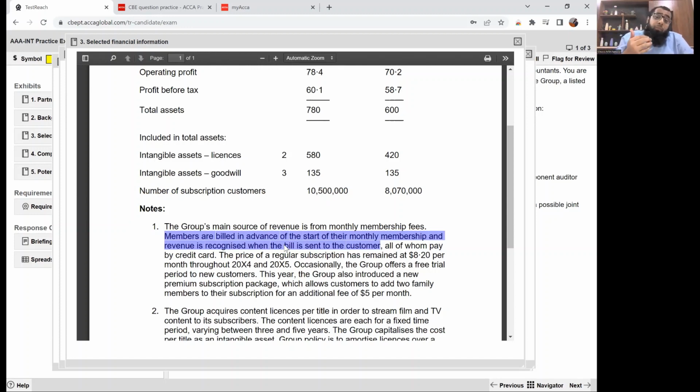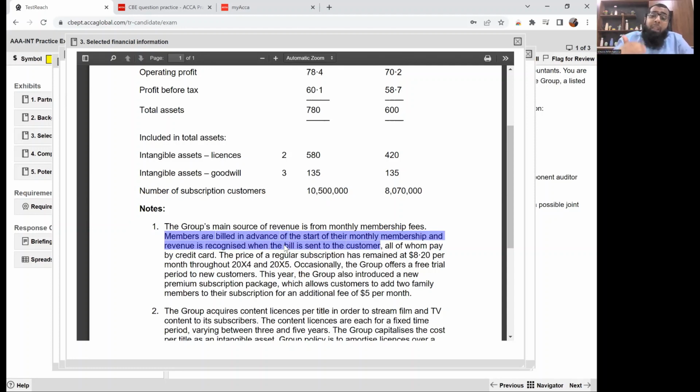And for example, even if we are booking at the start of the month, it will get settled at the end of the month. So what's the issue in it? The issue is that, for example, if the customer doesn't pay the bill and you stop their subscription, then obviously the revenue you booked was wrong. And as per IFRS 15, the simple principle is that you can only book the revenue when the obligation is performed.